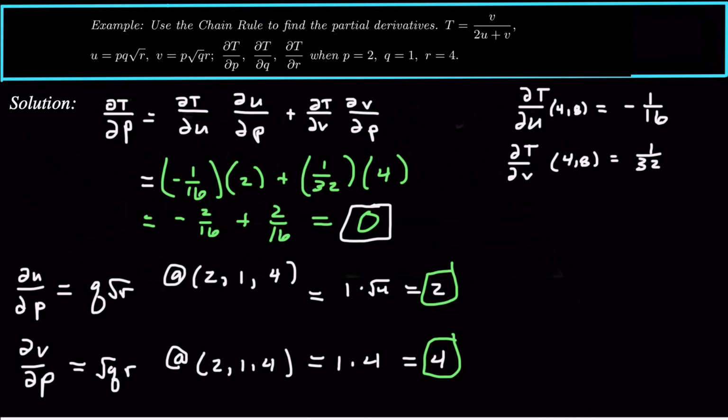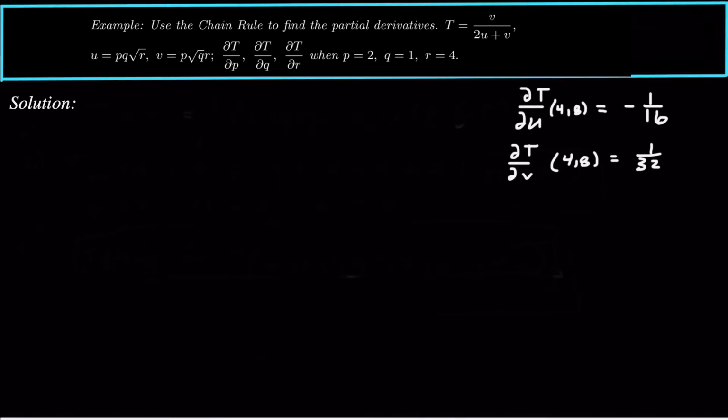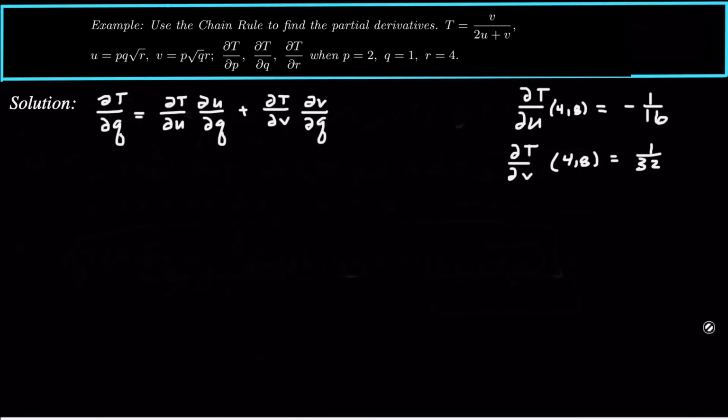Right, so let's look at the next one, keeping this information as is because the next one is going to be very similar. So now we've got pretty much the same problem, except the independent variable we want to differentiate with respect to is q. So all we have to do is look at partial u partial q and partial v partial q. These other two terms, partial t partial u and partial t partial v, stay the same.